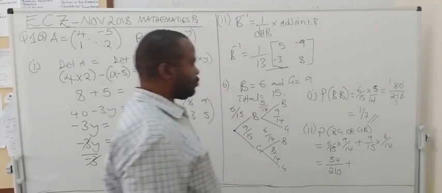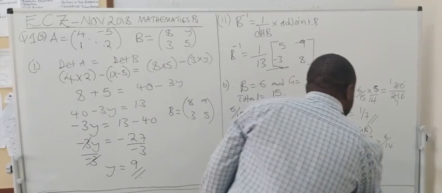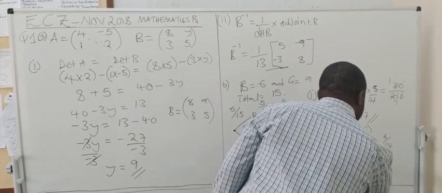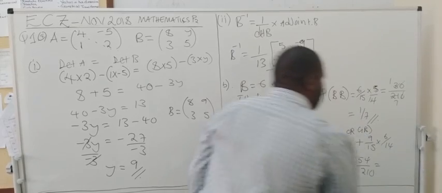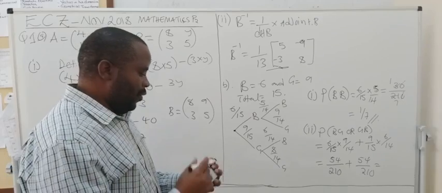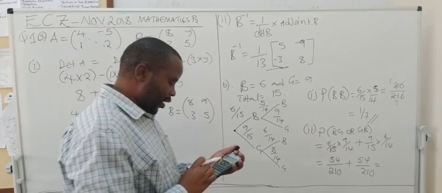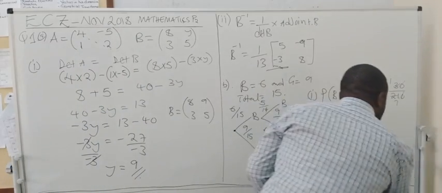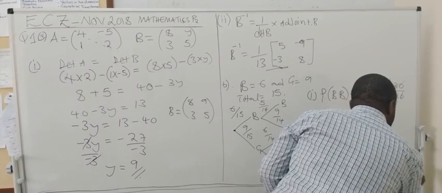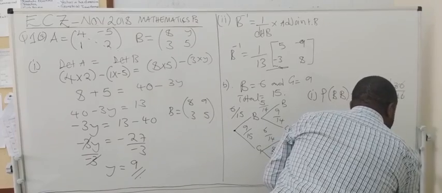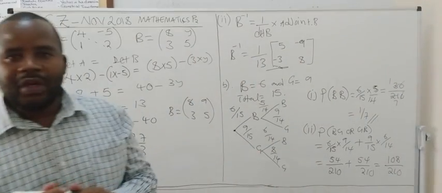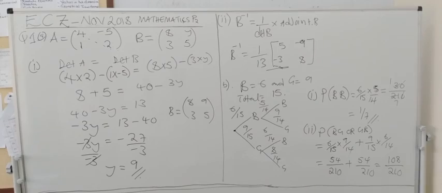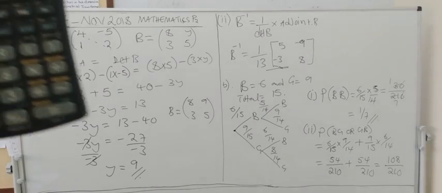Plus, again here, it is 54 over 210. So when you add here, 54 plus 54, you get 108. So you have got 108 divided by 210. Now you can reduce that using a calculator, or you find a number and divide it into both.